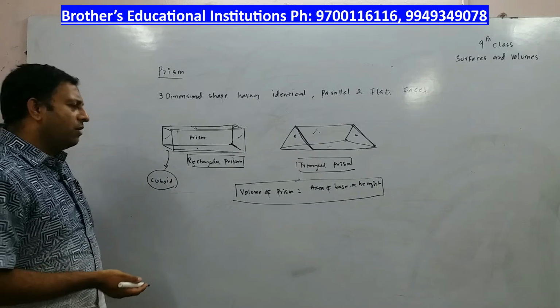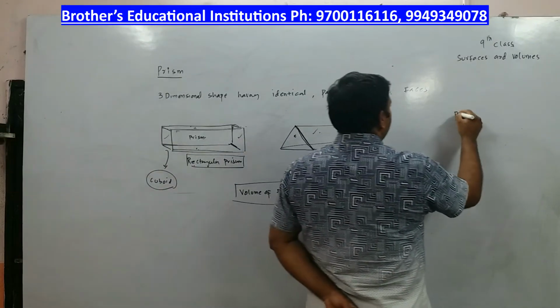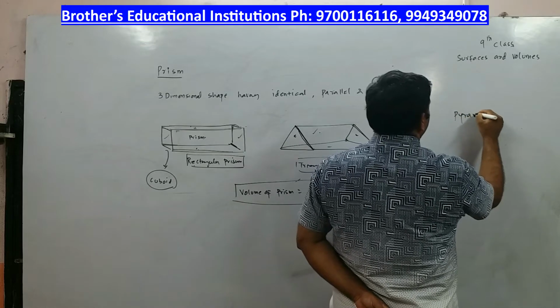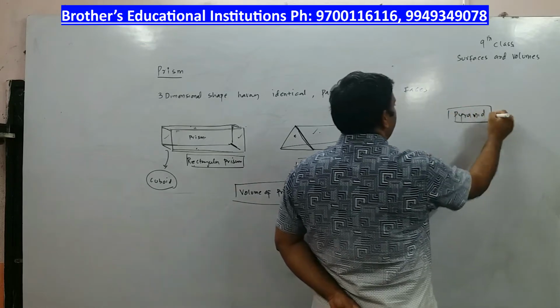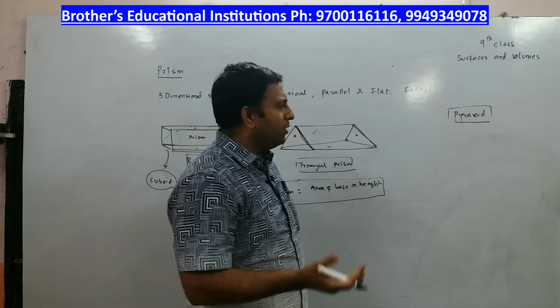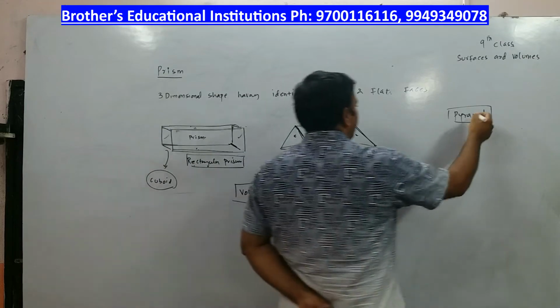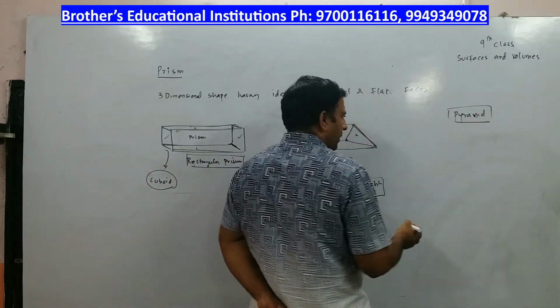Now let us move forward and try to understand what a pyramid is. The moment I speak of pyramid, you will always go back to Egypt and try to recollect the pyramid shape. Now again, pyramids are of two types, right?